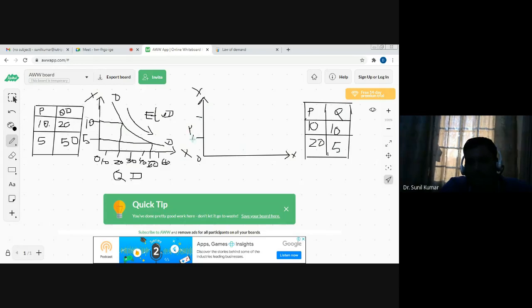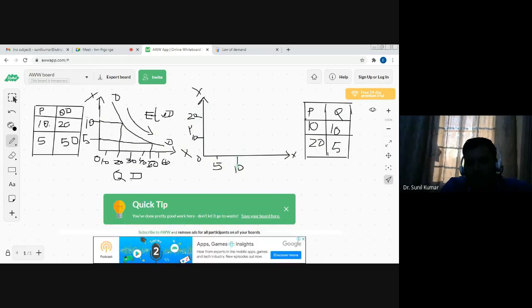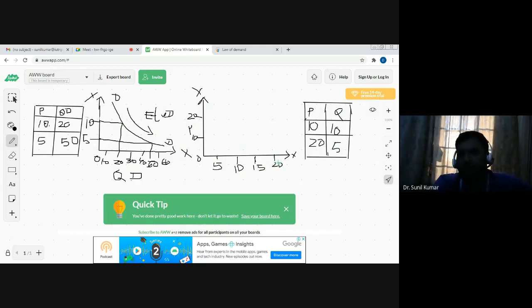So write down 10 and 20. Look, the minimum is 5, maximum 10. So write down 5, 10, 15, again 20.